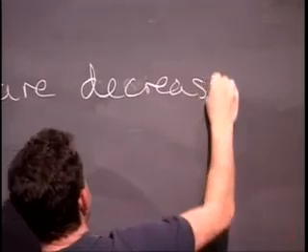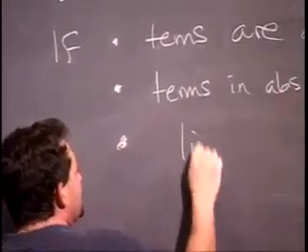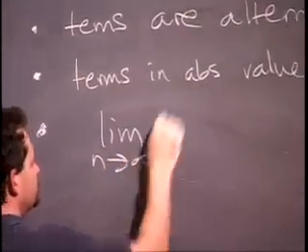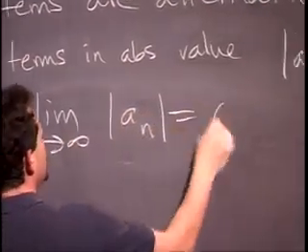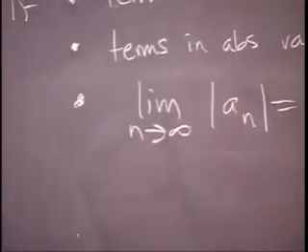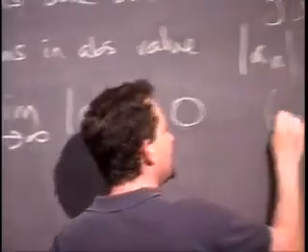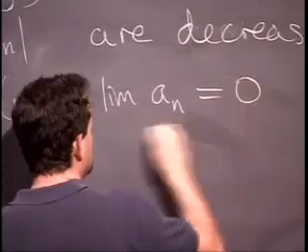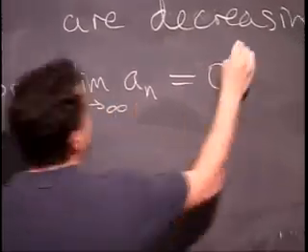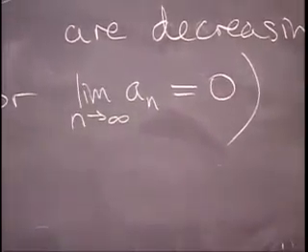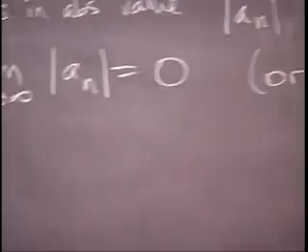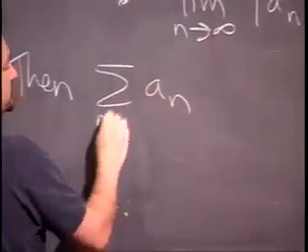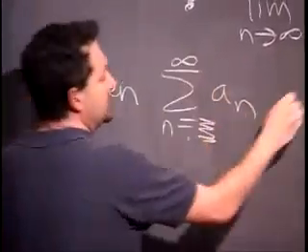Let's just say decreasing. That's good enough. And the limit of the terms is 0. This is the same thing as saying you don't even need the absolute values. It's the same thing. Then the series, again, it doesn't matter where it starts, converges.